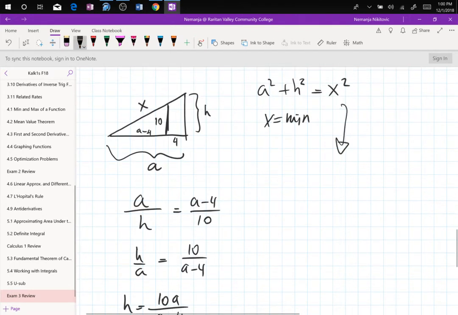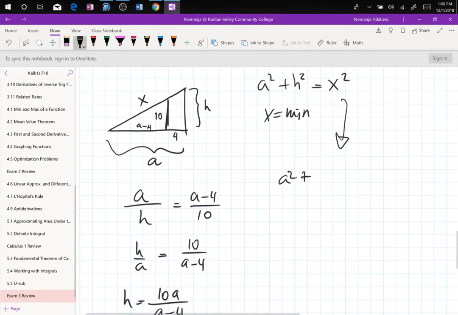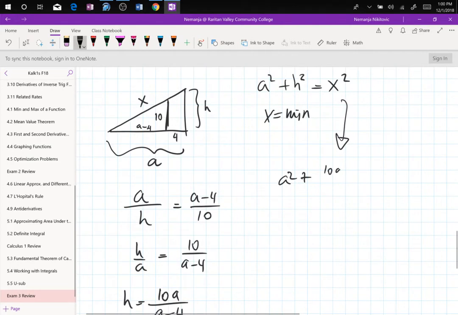So now the new equation over here is A squared plus 10A over A minus 4 equals X squared, and then this is a plus.